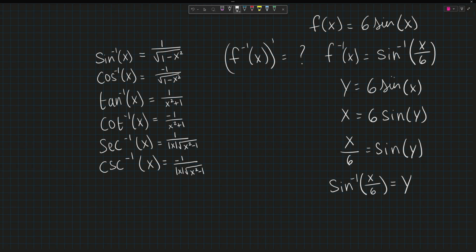And then you take the derivative of that, and the derivative is going to be this, so we're going to write 1 over square root of 1 minus x over 6 squared, and you have to do chain rule, so I have to multiply that by 1 divided by 6.